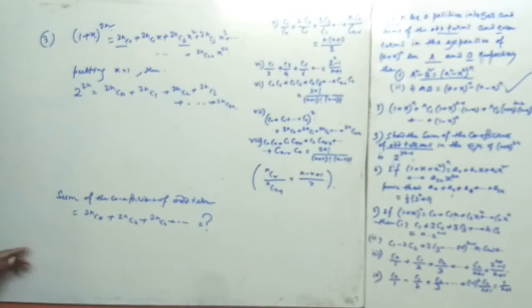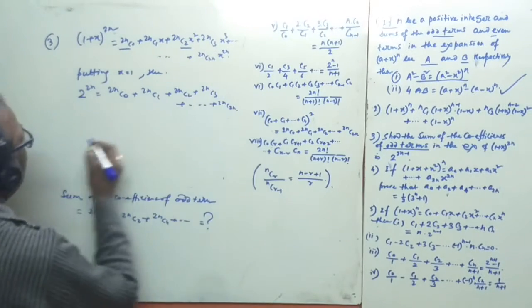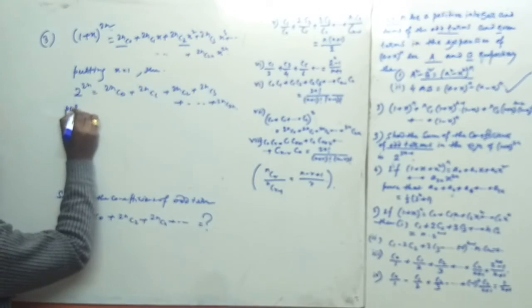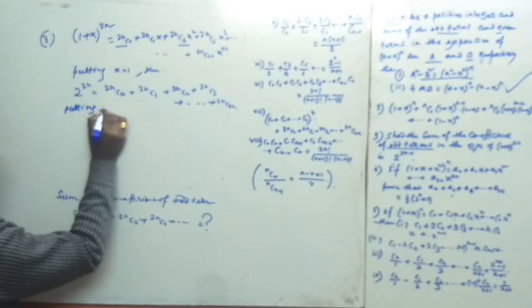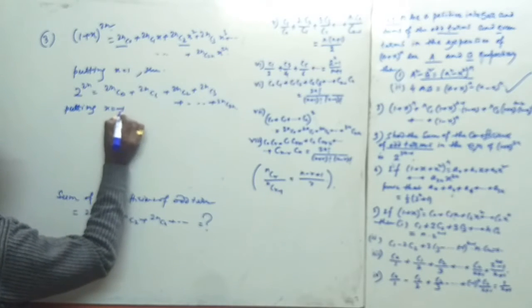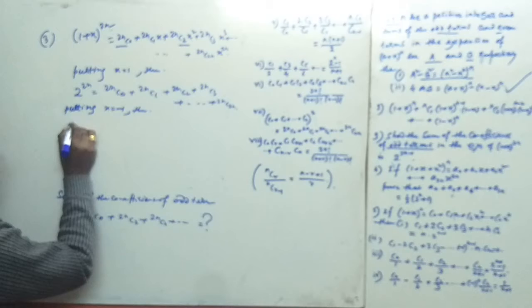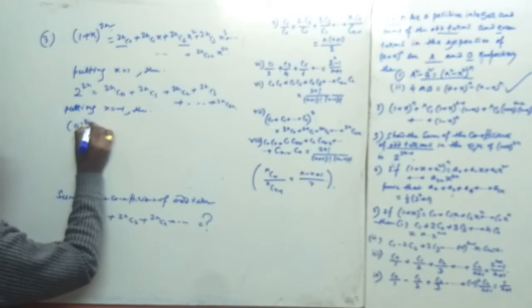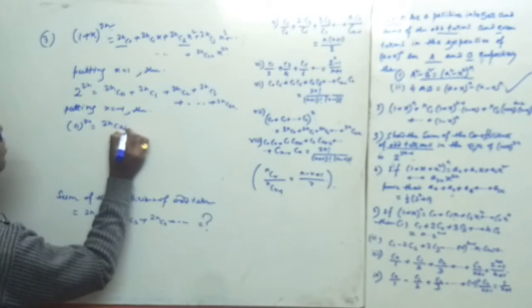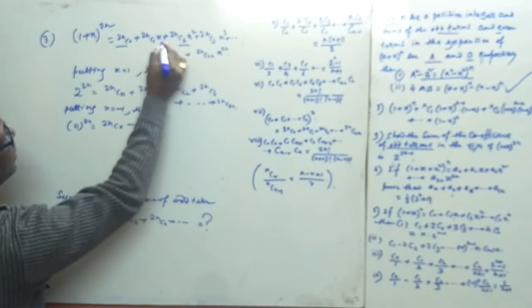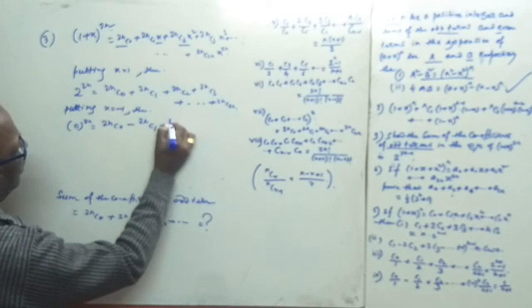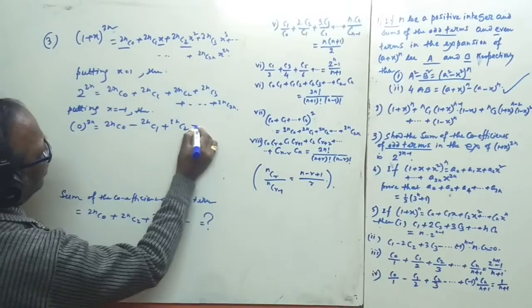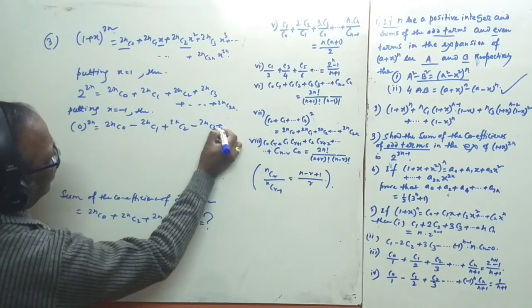We have to find the value of that, and for that we first put x equal to 1 in equation number 1 and also put x equal to minus 1, then that is 0 to the power 2n equals 2nC0 minus 2nC1, this is minus, then 2nC2, then 2nC3.